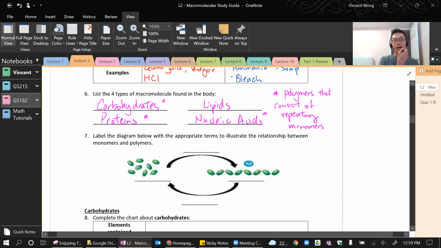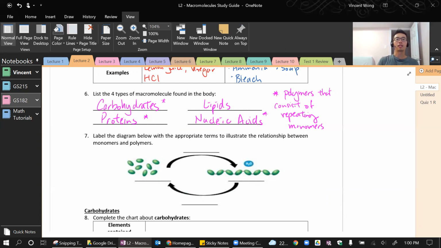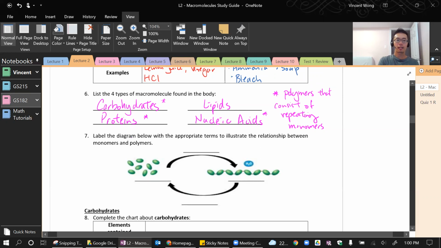When you link up monomers together, you will get the polymers. Depending on what monomers you use, you will get different types of polymers. In this diagram, you can see the individual monomers, and if you connect them together, you get the polymers.